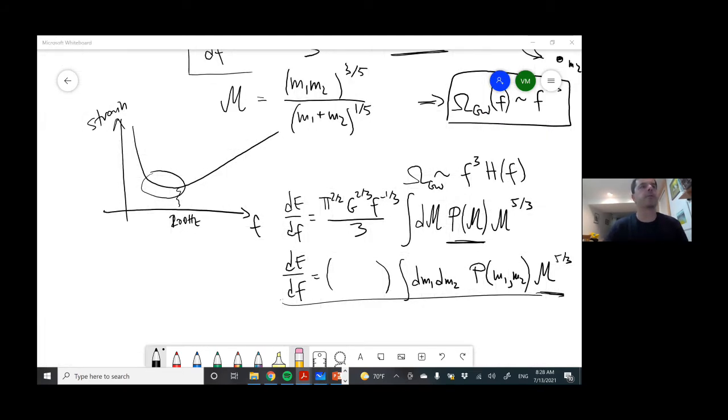Just a second. Maybe I've gotten this wrong. It wouldn't be the first time. Let's see. So the omega is f cubed h of f. I think that's right. The way to think about this is if your detector has a certain sensitivity at 100 hertz, it will have some sensitivity to omega.